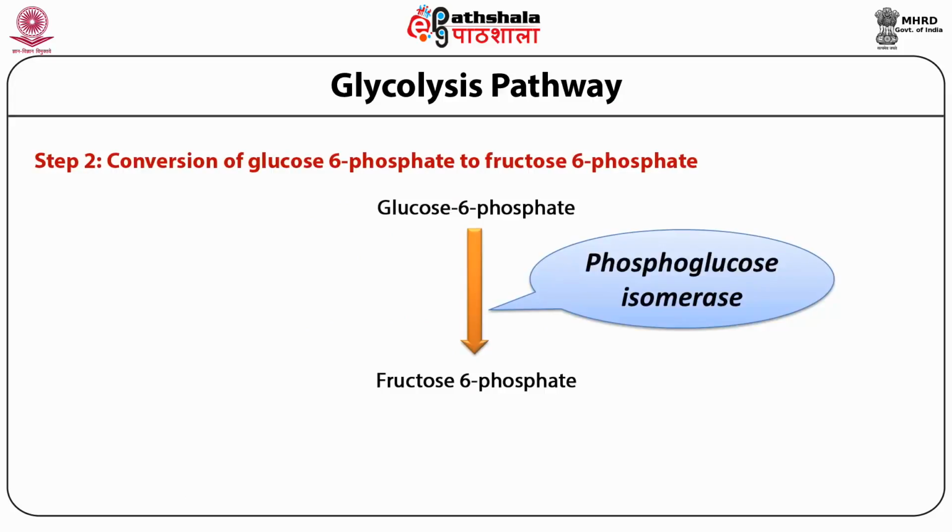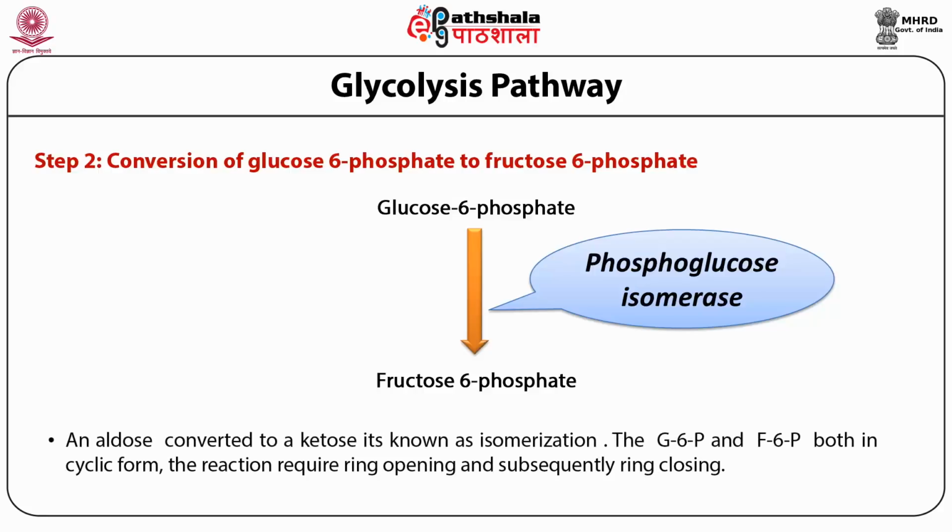Step 2, conversion of glucose 6-phosphate to fructose 6-phosphate. An aldose is converted to a ketose. It is known as an isomerization reaction. The glucose 6-phosphate and fructose 6-phosphate are both in cyclic form. The reaction requires ring opening and subsequent ring closing.